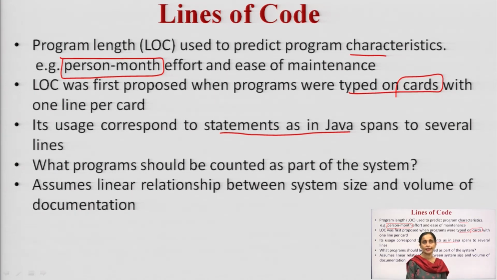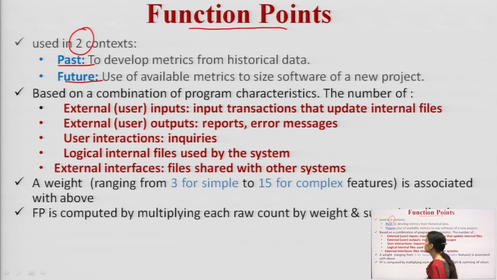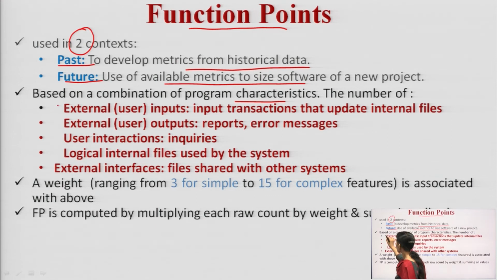It assumes a linear relationship between the size and the volume of the documentation. Our next parameter is function points. Function points are used in two ways: first, in the past, and how much we will require in the future, that is, to develop metrics from historical data and use the available data to size the software for a new project. Based on a combination of program characteristics, it is counted from these parameters.